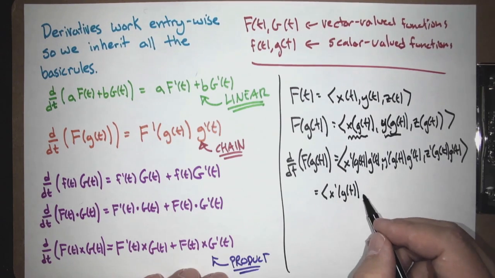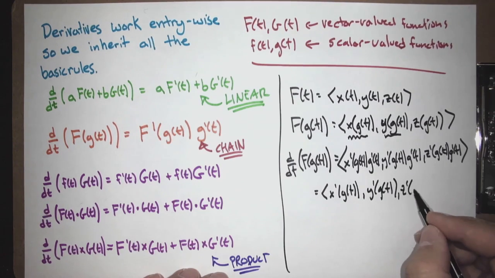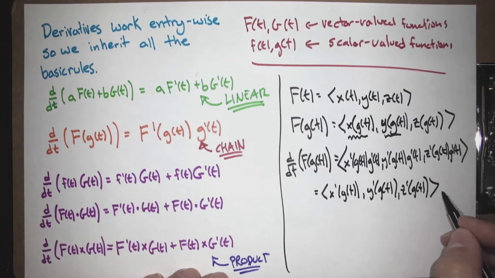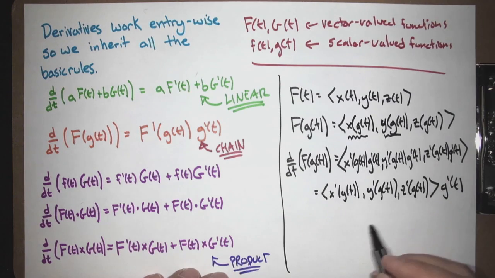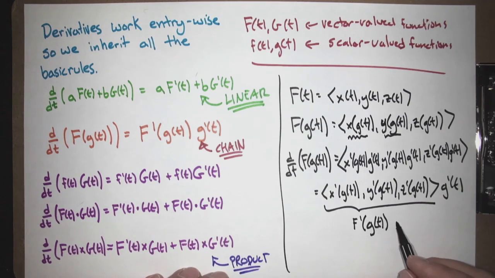So x prime g of t, y prime g of t, z prime g of t, times g prime of t. But this part, that would be what results from taking f prime and just plugging in g of t. So you have f prime g of t times g prime of t. So all these rules really do follow from the rules that we did before.